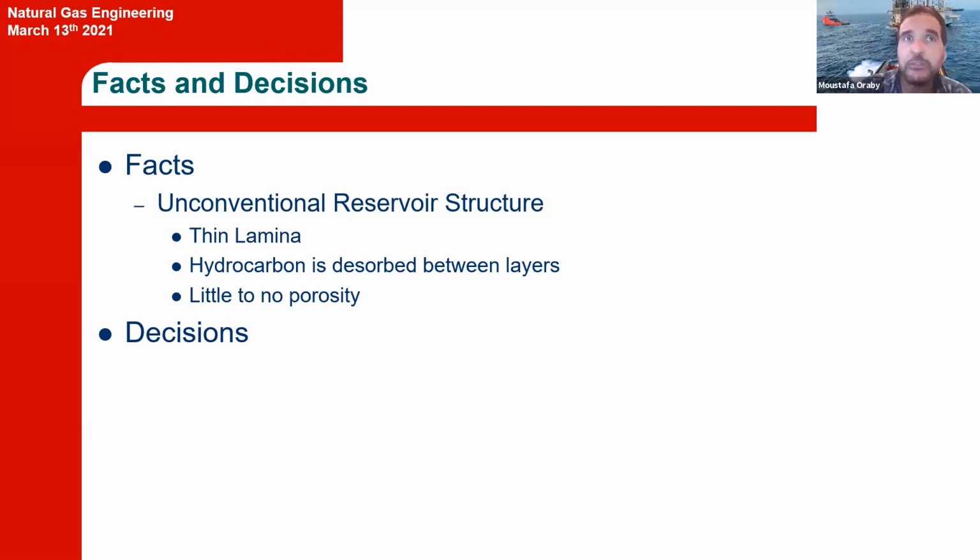My hydrocarbon lives between this lamina. Then I have to go laterally and try to connect this lamina together. And that's why everybody's saying you cannot produce unconventional reservoir unless you drill horizontal long reach, go as long as you can, and make multiple fracs to connect these layers together.